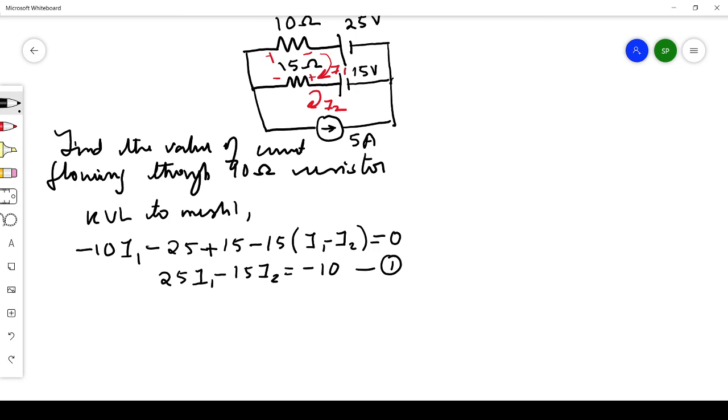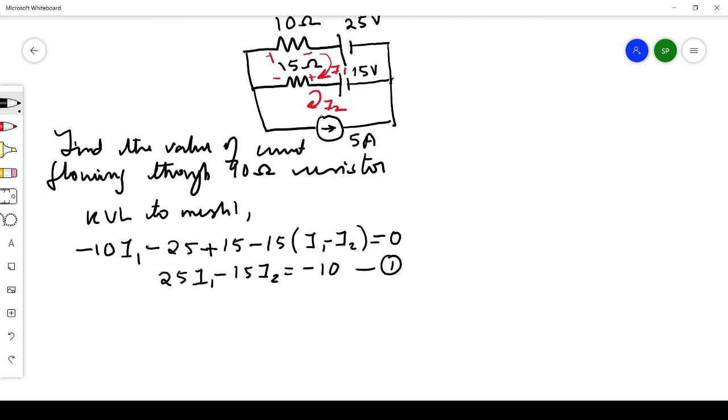Now see mesh 2. When you want to apply KVL to mesh 2, there is a difficulty because there is a 5 ampere current source present there. So what we can do is write a separate equation for this current source. What is the current flowing in this mesh? It is I2. And here it is directly given as 5 ampere.